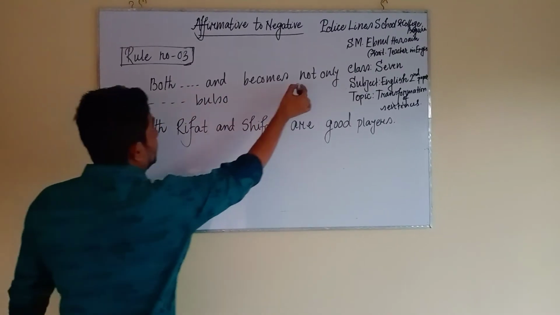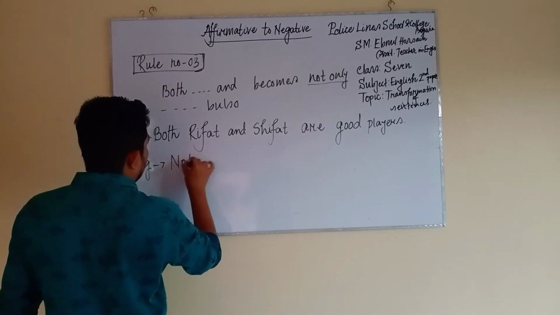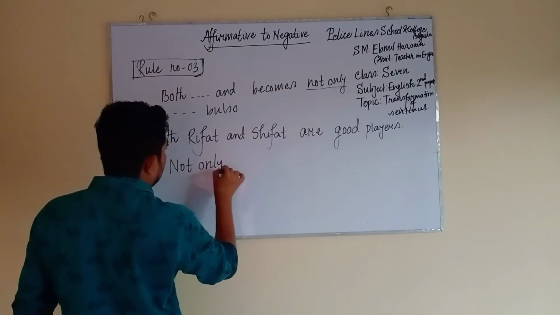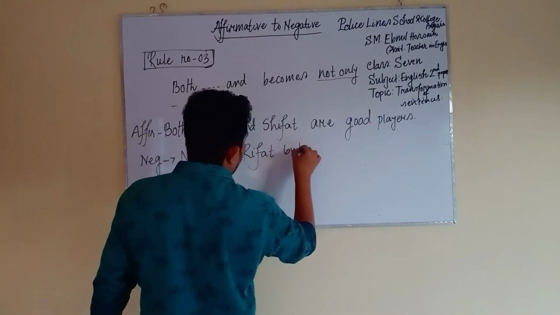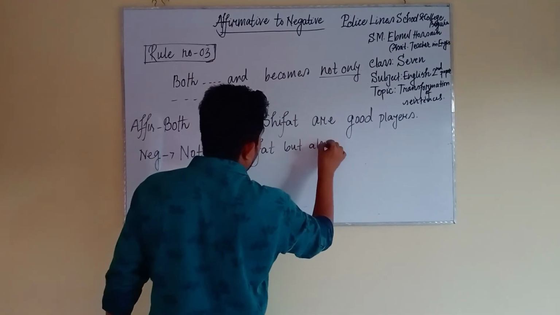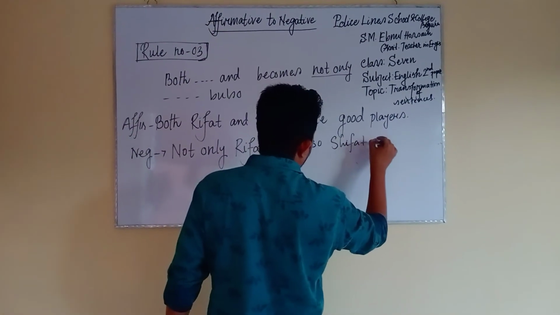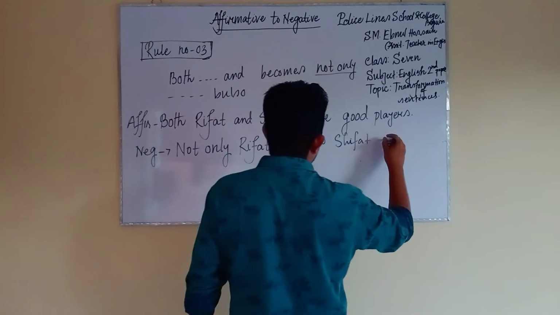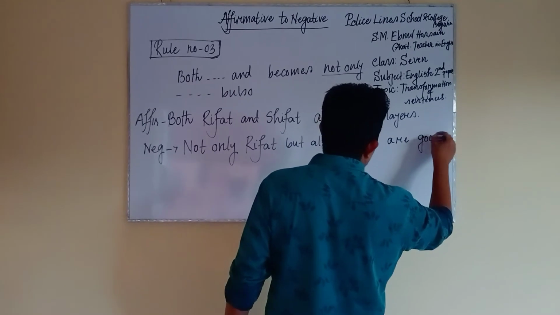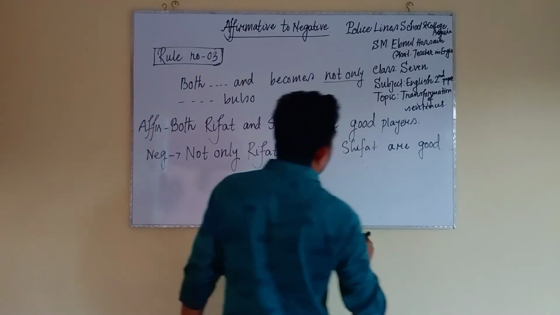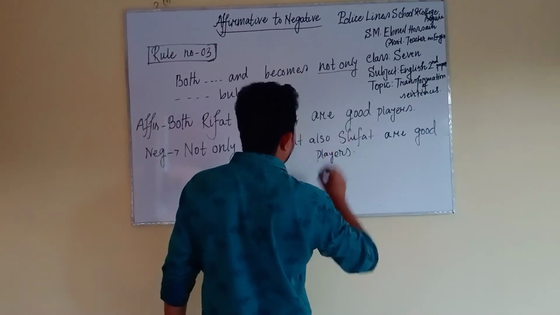Here, both and becomes the not only but also. So, not only Rifa but also Shifa are good players.